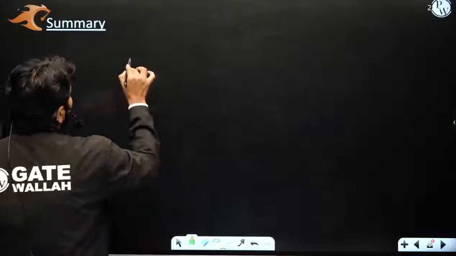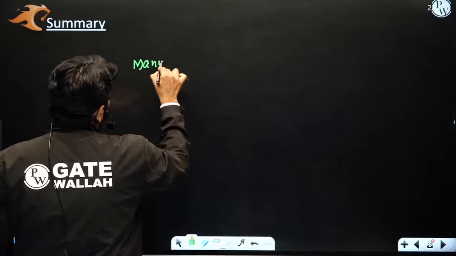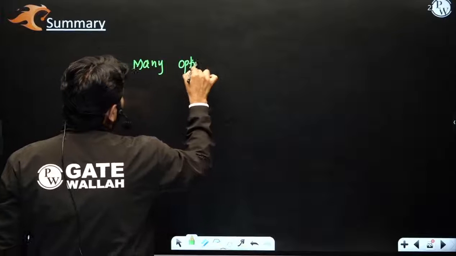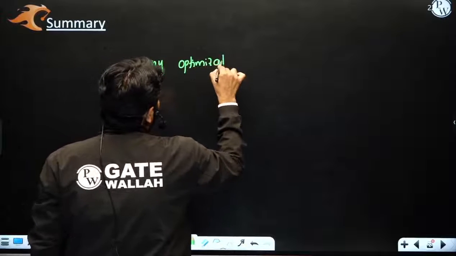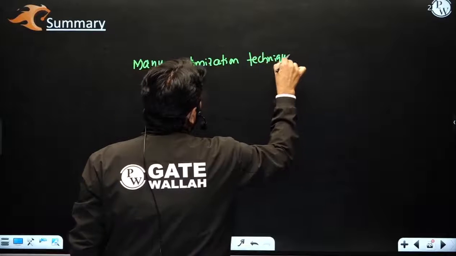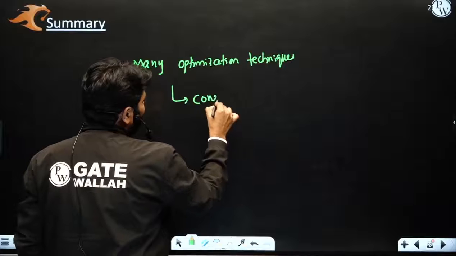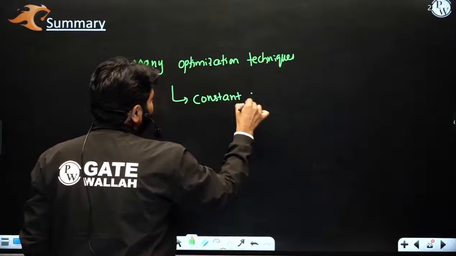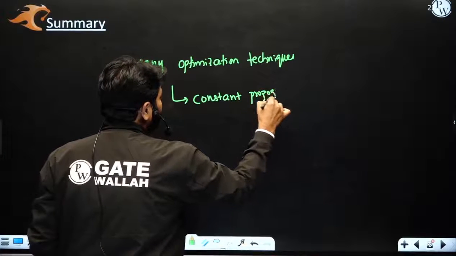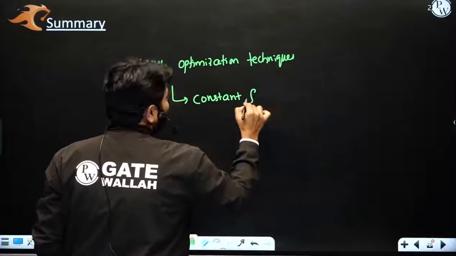So we have seen many optimization techniques, right? What optimization techniques have we studied? Constant folding we studied first, right?